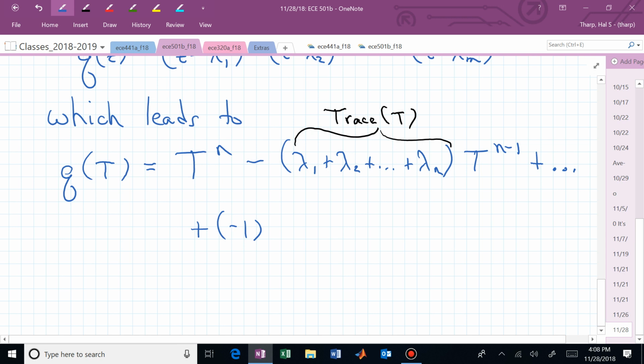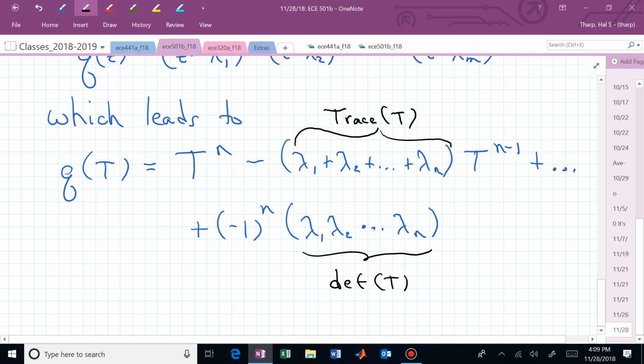So the very last term, the constant term, is the product of these lambdas, and this piece is actually the determinant of t, and we're using the fact that little n is the dimension of our underlying vector space, capital V.